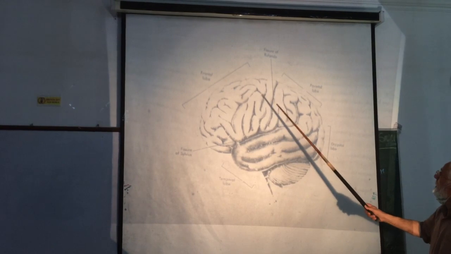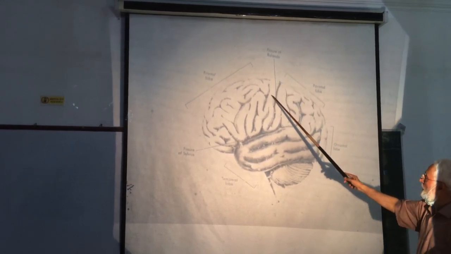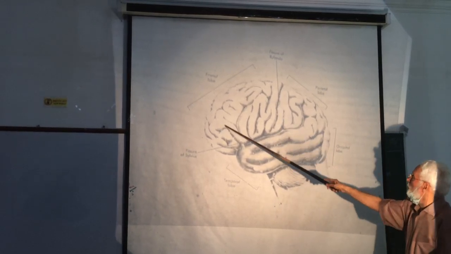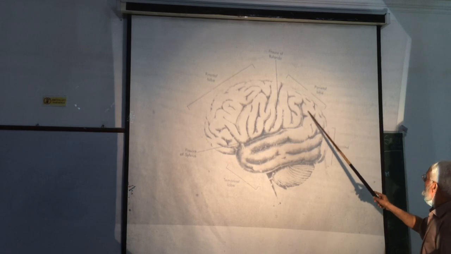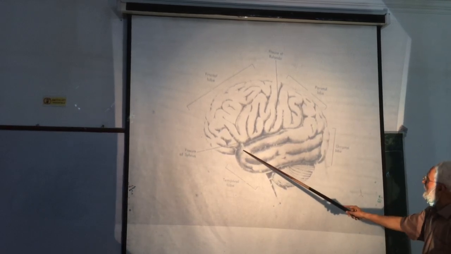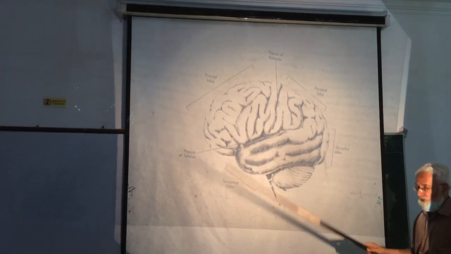You see the fissure of Rolando or central sulcus, the Sylvian fissure or lateral sulcus, the frontal lobe, parietal lobe, occipital lobe, and this is the temporal lobe inferior to the lateral sulcus.